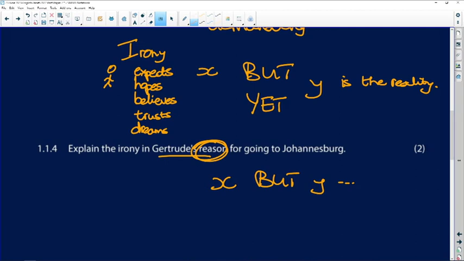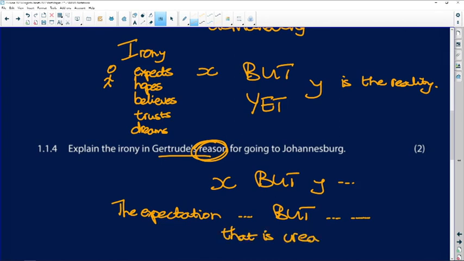So you might like to say something like, the expectation is that Gertrude will find her husband, but she never finds him and instead finds many men to replace her husband. Or you can say the expectation that is created is X, yet the reality is Y.